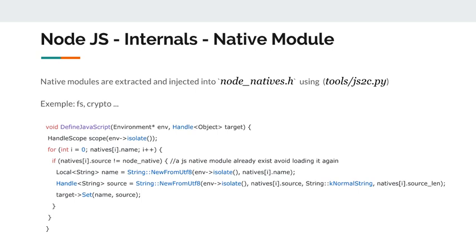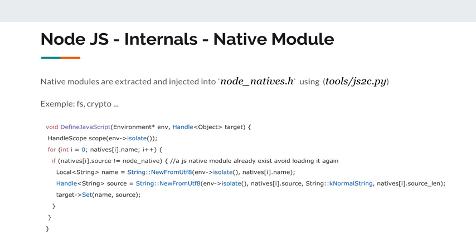Then you also have native modules. Native modules are extracted and injected. They are basically what we have inside the FS module, the crypto module, and so on. These native modules are actually JavaScript code. But how are they built inside Node.js? They are extracted by a tool available inside the Node.js source code at tools/js2c.py.